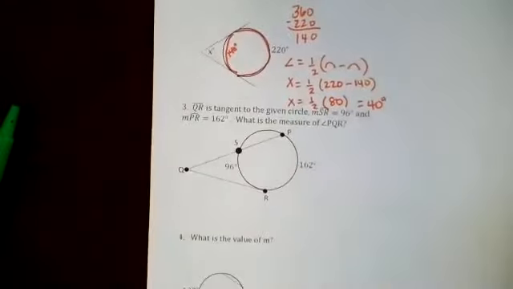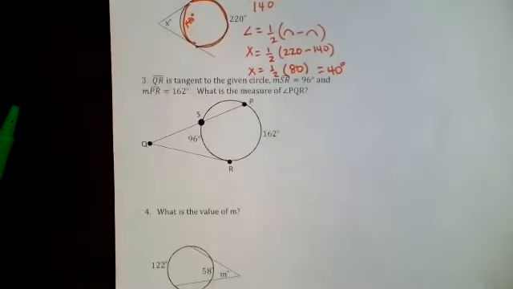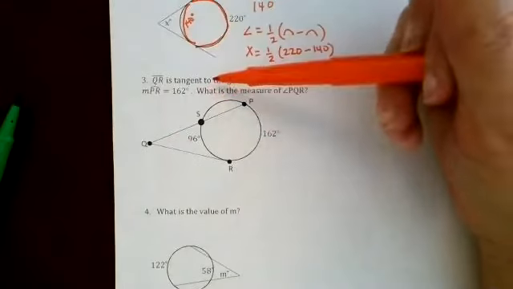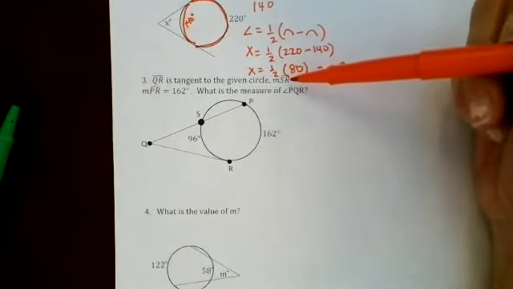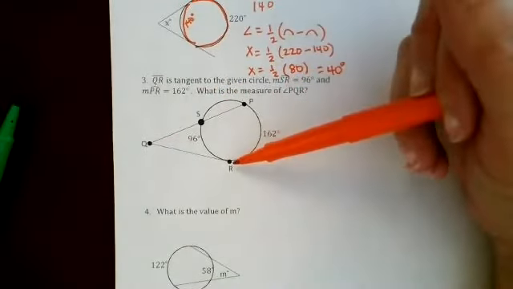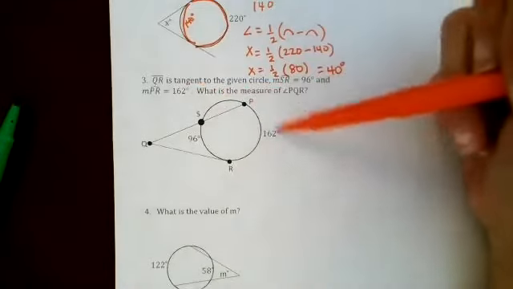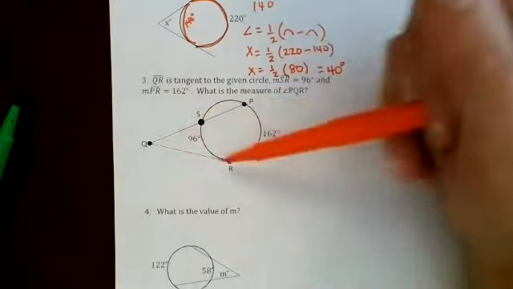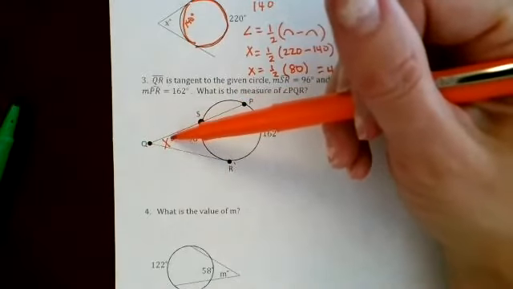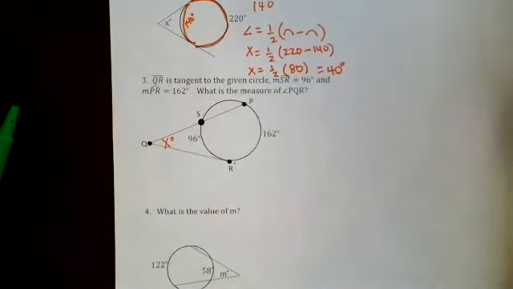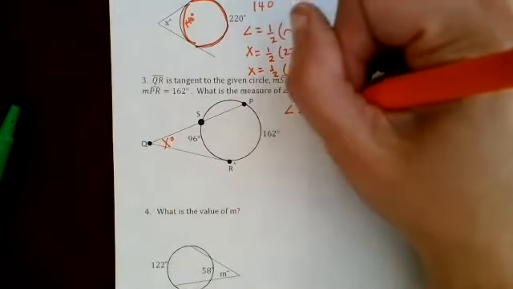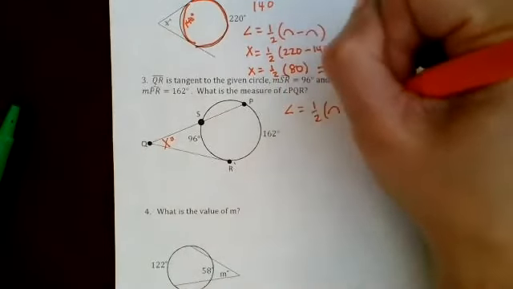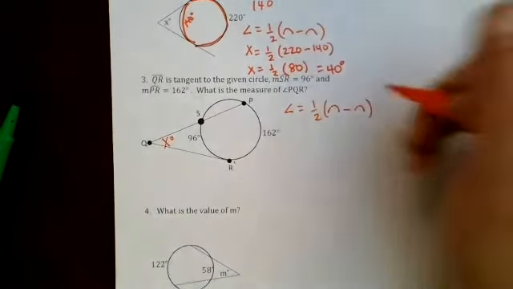All right, the next one, I've got a secant and a tangent. I'm still using the same formula. This says QR is tangent. It says the measure of arc SR is 96 and the measure of arc PR is 162. What is the measure of PQR? So this is what we don't know, this angle. So I'm going to use the same formula. The angle is equal to 1/2 arc minus arc.